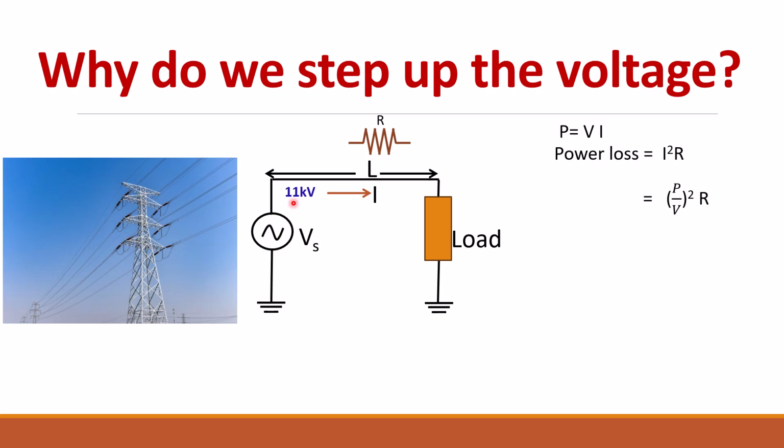If I transmit at 11 kV, the power loss will be more compared to if I transmit at 400 kV, because 1 by 400 K is a very low value compared to 1 by 11 K. So when you increase the voltage, the power loss will be less so that you can easily transmit the power at a very high voltage.